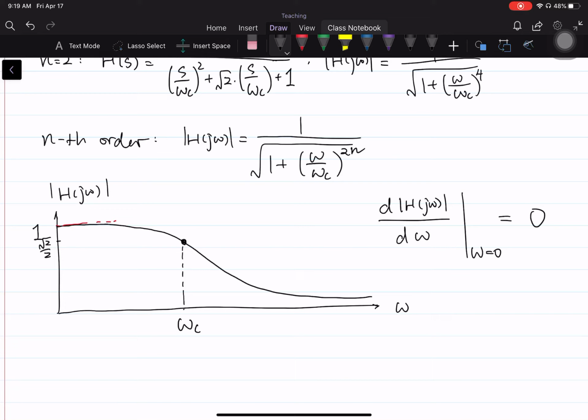And not only that, because of the special appearance of this curve, you can take this derivative k times.